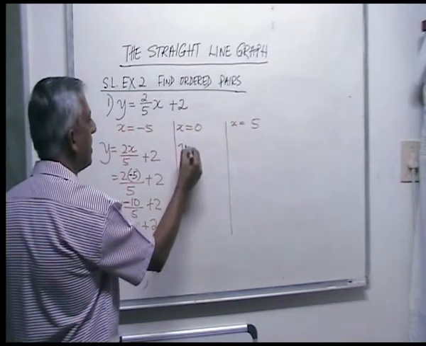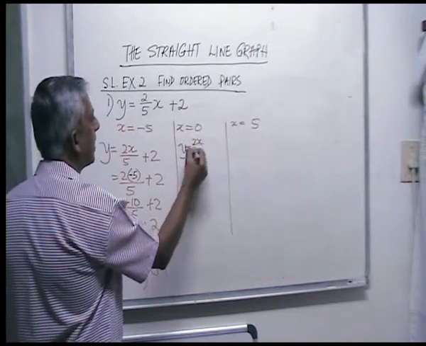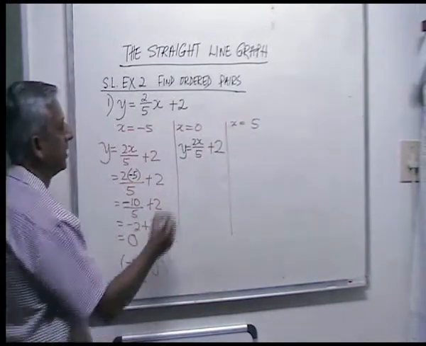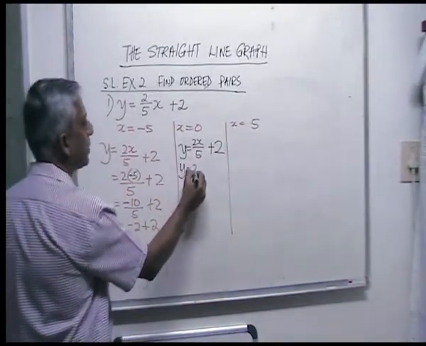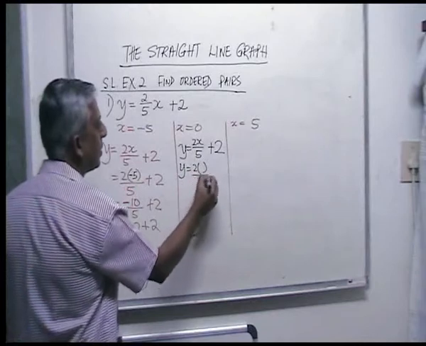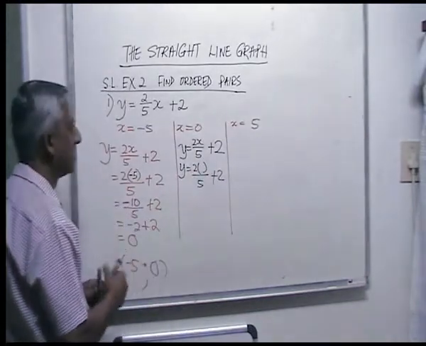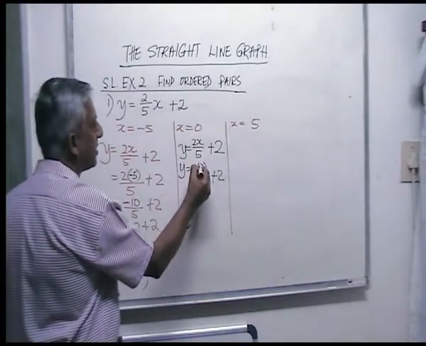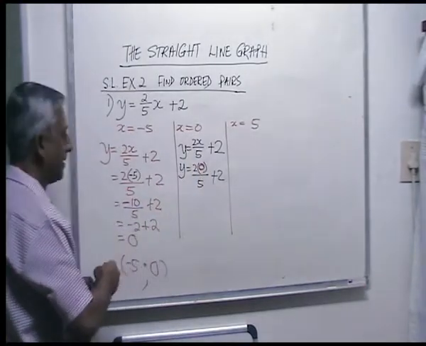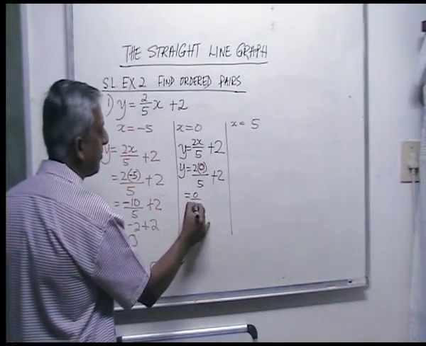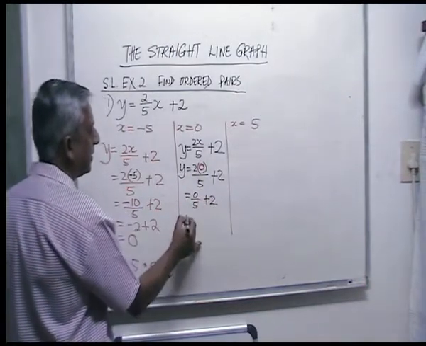Right, let's look at this one. Y is equal to 2x over 5 plus 2. So y is equal to 2 times something over 5 plus 2. Now the something is 0, so we're putting the 0 in. So 2 times 0 is 0, 0 over 5 plus 2.